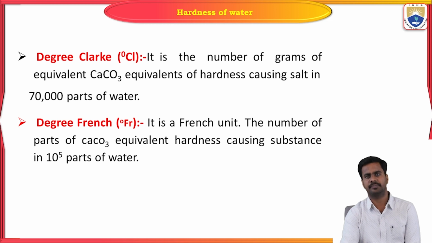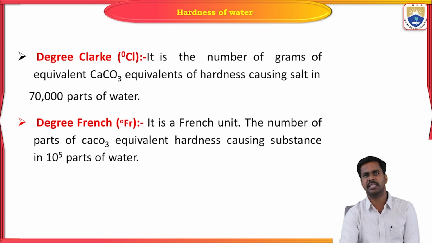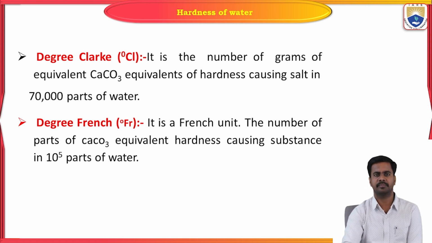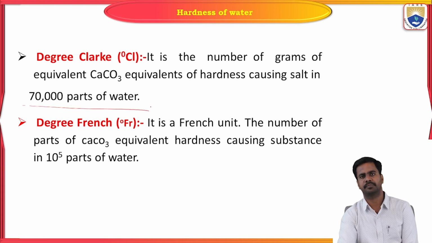Degrees of Clark is the number of grams of CaCO3 equivalent hardness causing salt present in 70,000 parts of water.